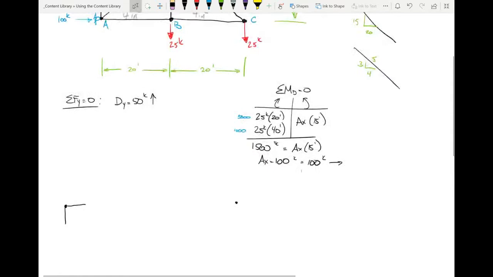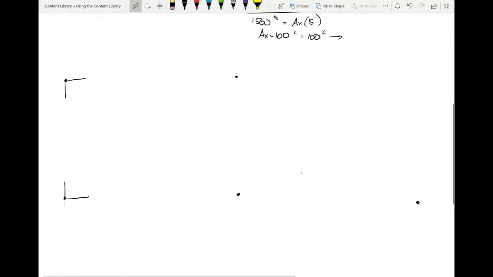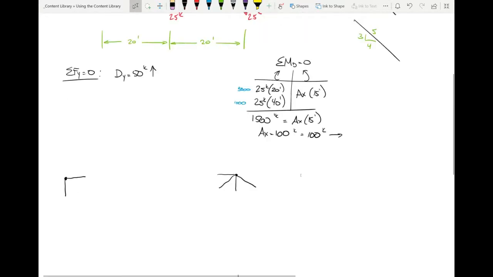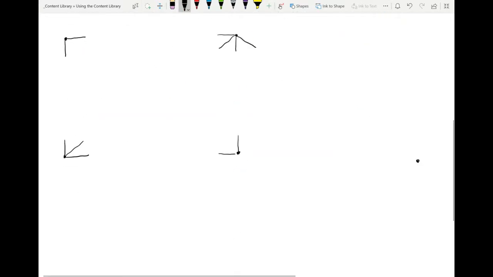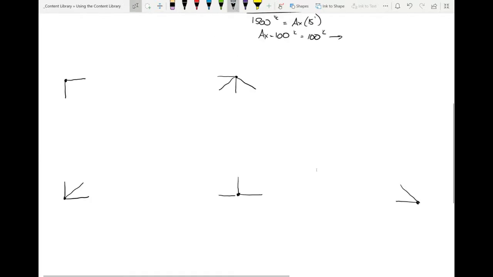That one's going to go like this, that one like that, that one like this, and this one like that.